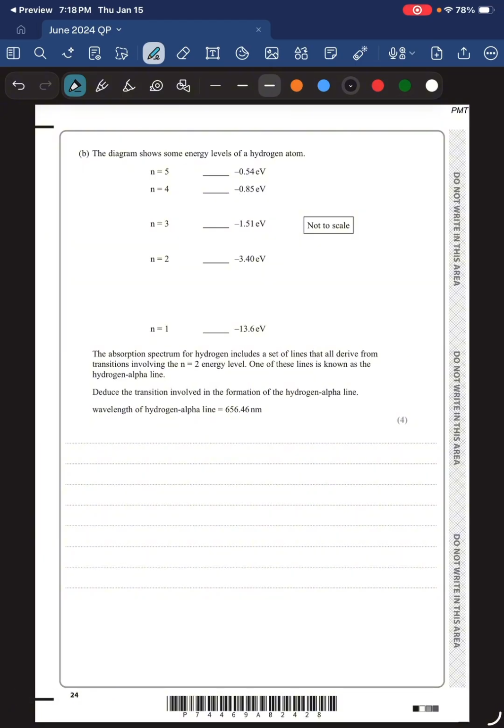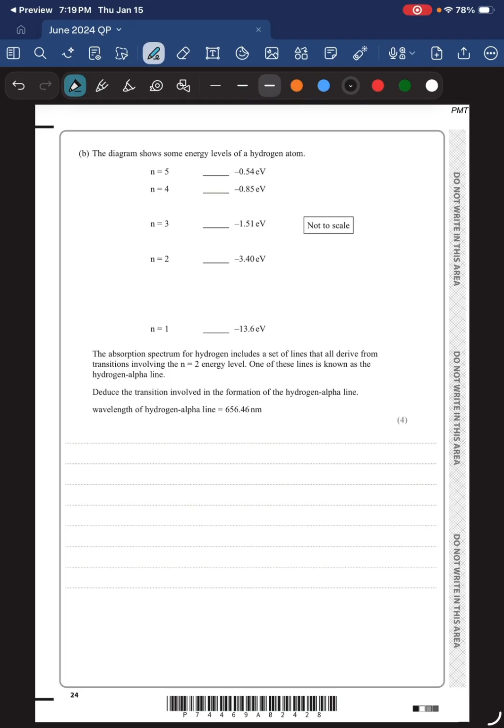B. The diagram shows some energy levels of a hydrogen atom. The absorption spectrum for hydrogen includes a set of lines that all derive from transitions involving the n equals 2 level. One of these lines is known as the hydrogen alpha line. Deduce the transition involved in the formation of the hydrogen alpha line, and they give you the wavelength of the hydrogen alpha line as 656.46 nanometers.